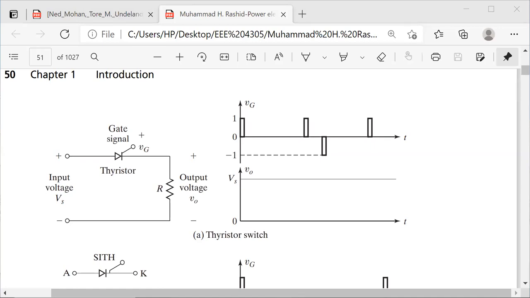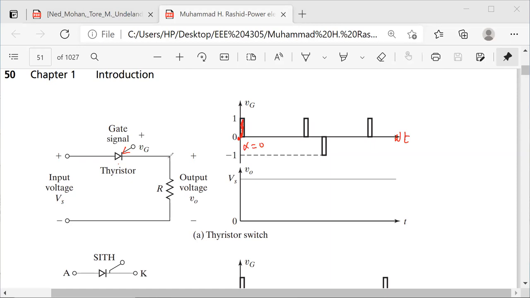Okay, so now they have given you the thing that I have told you. Look here, you have applied a voltage here to the thyristor and you have given a pulse at the starting, at omega t equal to 0.